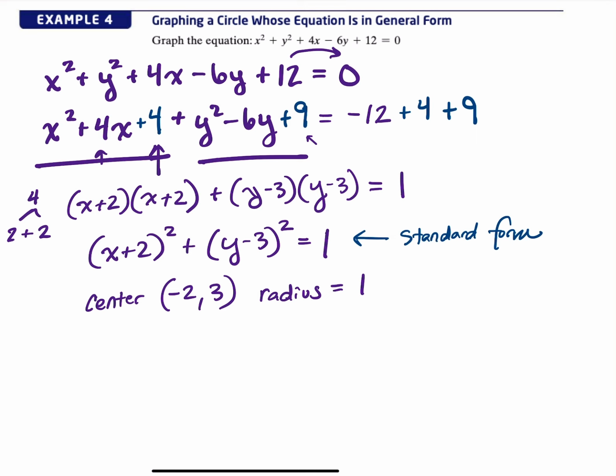So with that in mind, we can create a quick sketch of our circle. -2, +3, that would be our center point. Then we would just go a distance of 1 unit in each direction, so it'll be a little circle over there in the second quadrant.